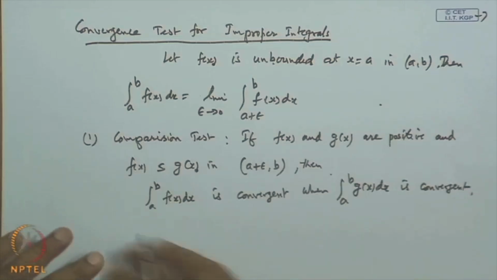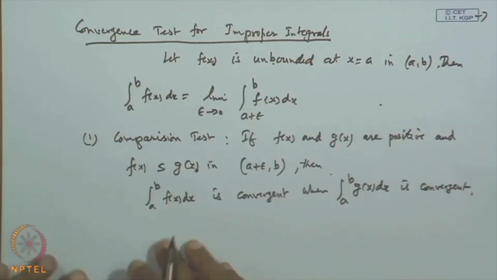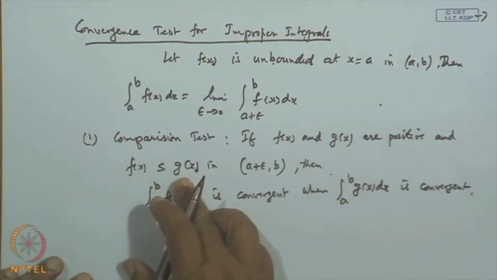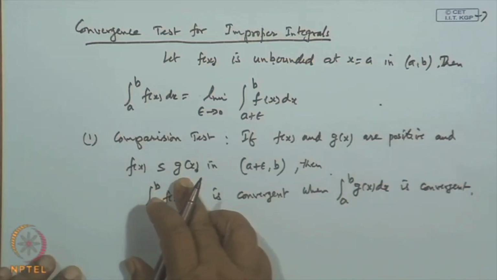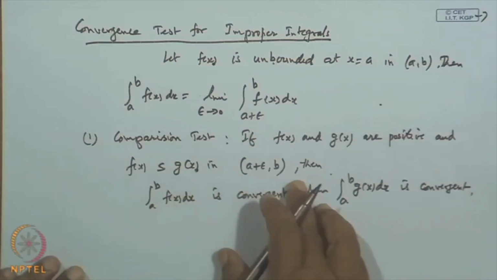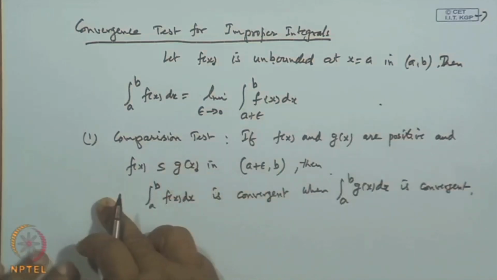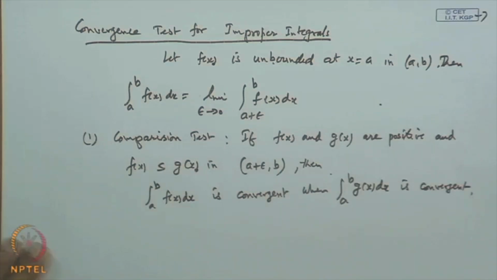And the proof is just like the previous one, because f(x) is less than or equal to g(x). When epsilon tends to 0, this will converge, so therefore this integral converges.